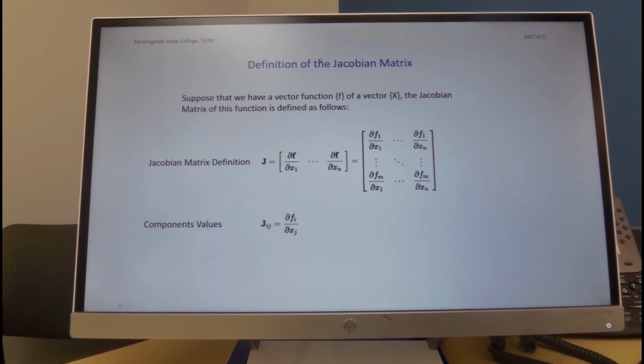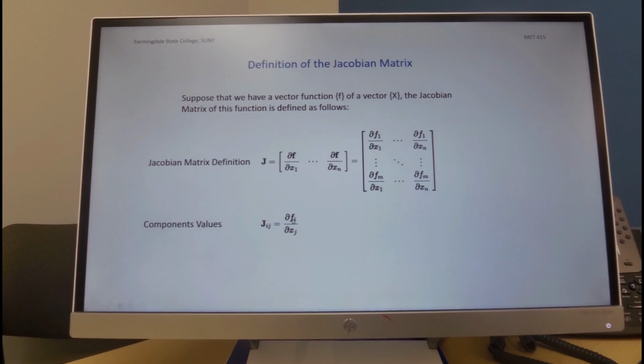The definition of the Jacobian matrix: assuming we have a vector function f, as a function of independent variables x, then the Jacobian matrix is a matrix where each component represents a partial derivative.